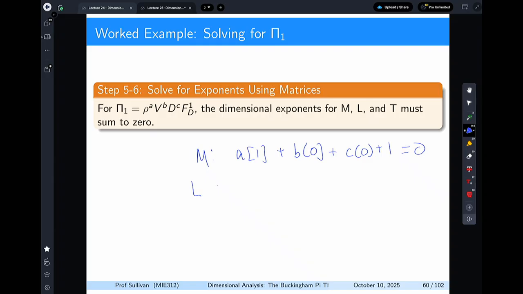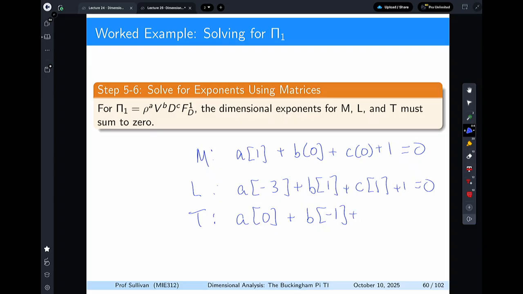For L, it is A to the minus 3 plus B to the 1 plus C1 plus 1 equals 0. And time is A0 plus B minus 1 plus C0 minus 2 equals 0.